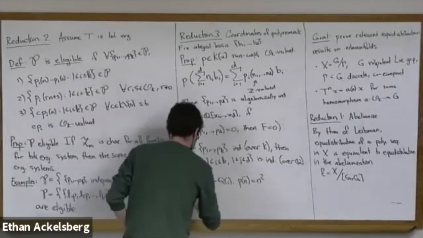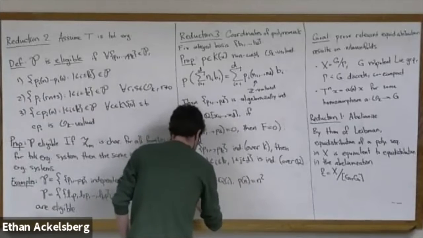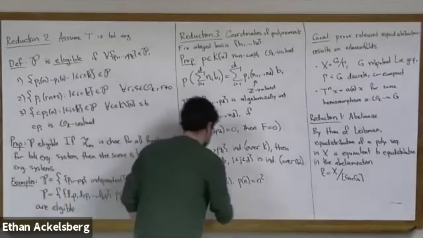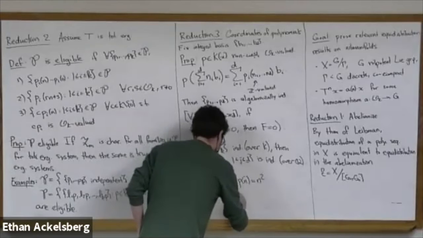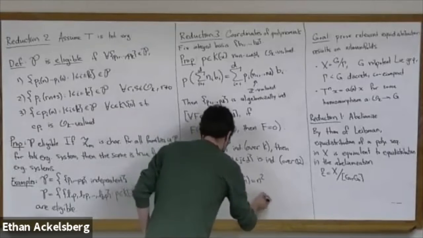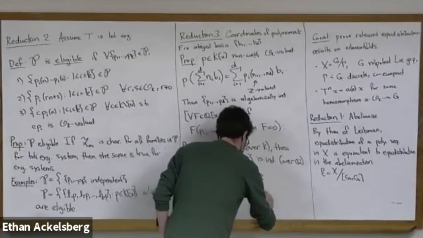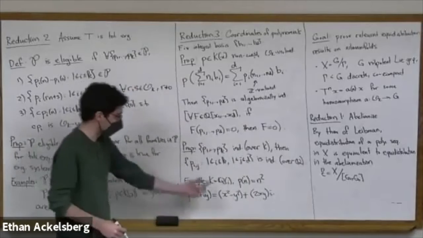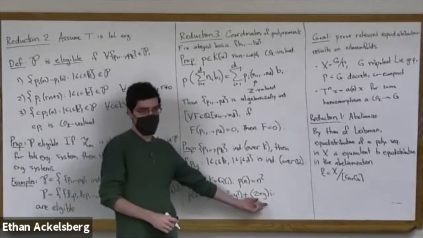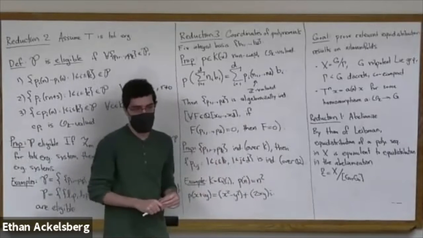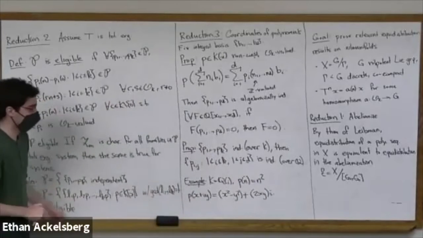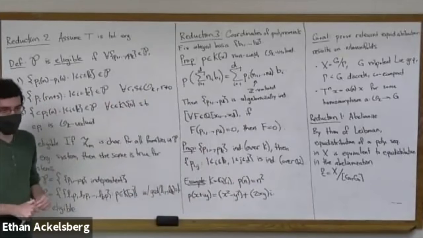In that basis, we can do P of x plus iy, just squaring this. So we get x squared minus y squared plus 2xy times i. The claim here is that x squared minus y squared and 2xy are algebraically independent. And that's true. But this is a very general fact about if you take any polynomial like this in a number field.